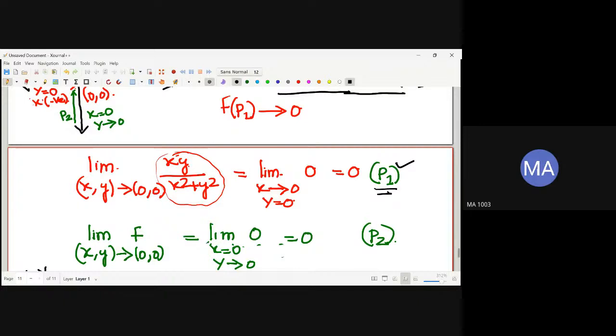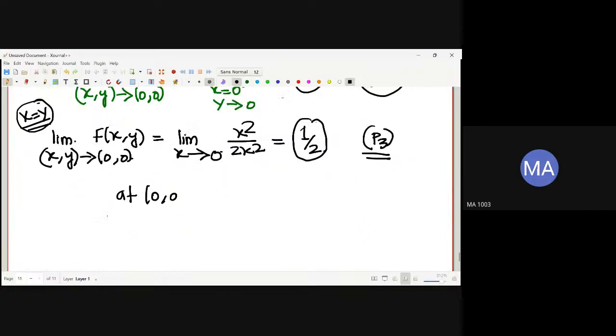So if you consider paths p1 and p3, two different paths, you are getting two different limits. That means the limit of the function at 0 comma 0 doesn't exist.